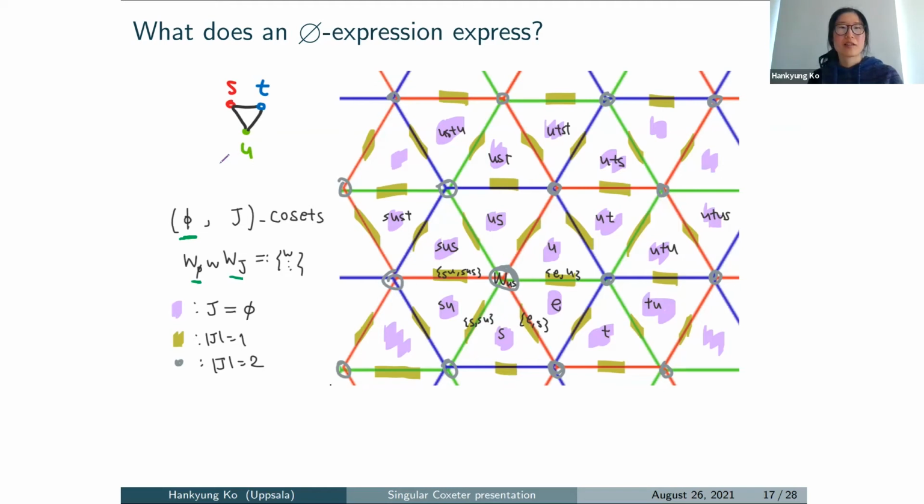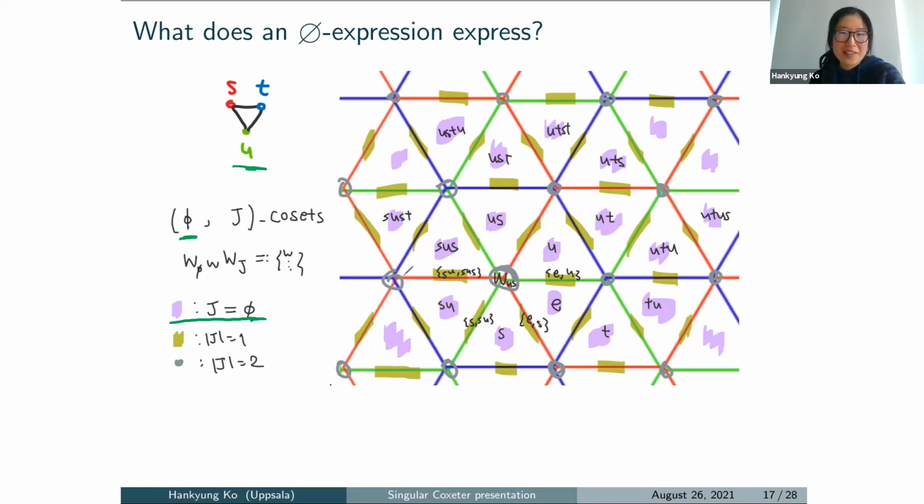Note that here everything except STU is finitary. So when J is empty, I color them by this. So in this picture, I colored the facets where these one-dimensional ones are colored.